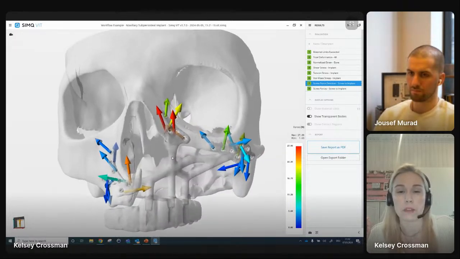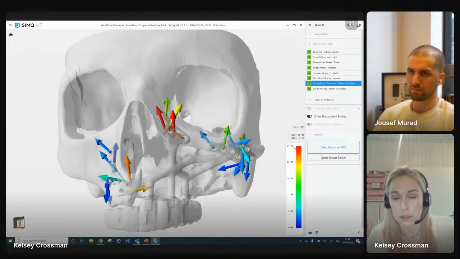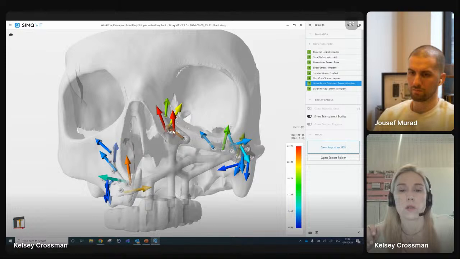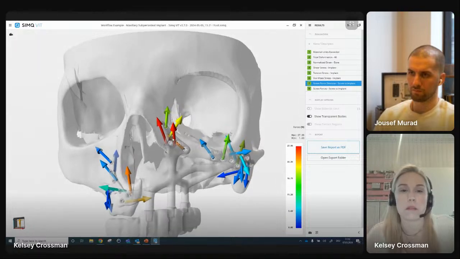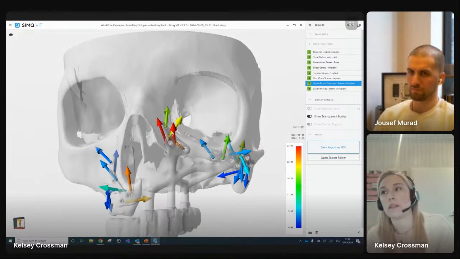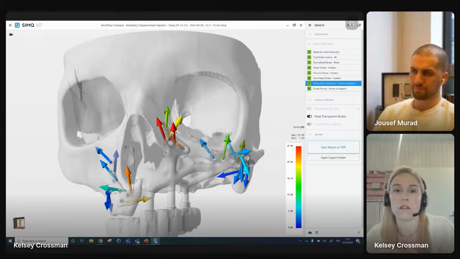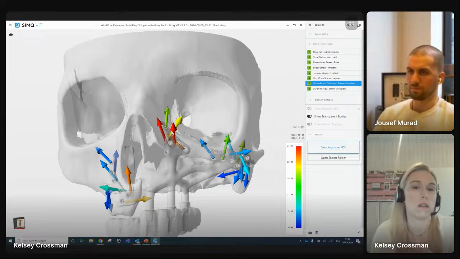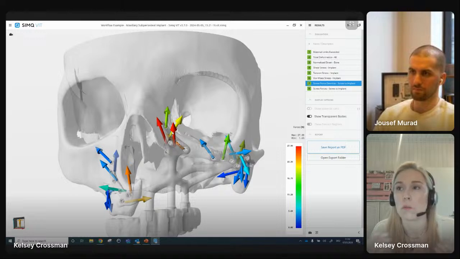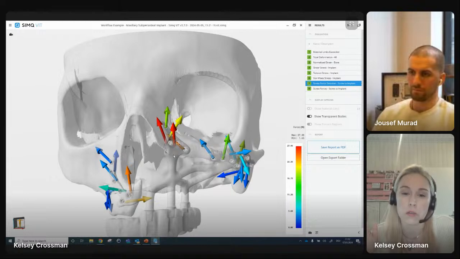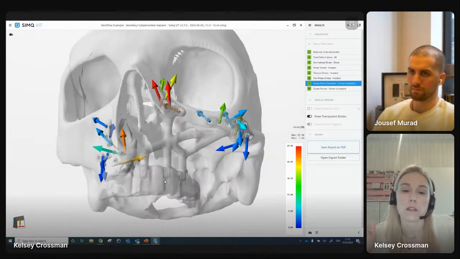It might be red here, but it just indicates the force on these screws is almost 28 newtons. Then you could tell the physician, this is what the normal force is, and you have the data that shows a normal bite. The highest force is on these screws here, which makes sense because the load case was there.